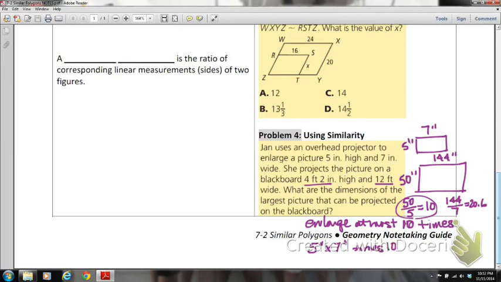That's going to give us 50 inches by 70 inches, or converting it back to feet and inches, that's going to be the 4 foot 2 inches by 5 foot 10 inches. So that's going to be the dimension of the largest picture that can be projected on the blackboard, these dimensions.